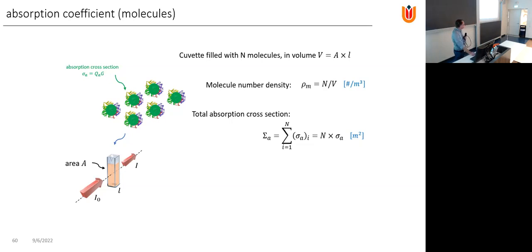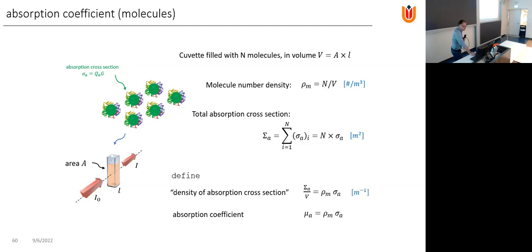If we now divide both sides of this equation by the volume V, we can define the density of the total absorption cross section. So big sigma A divided by the volume V is then n divided by the volume V times the absorption cross section of a single molecule, and this quantity is called the absorption coefficient.